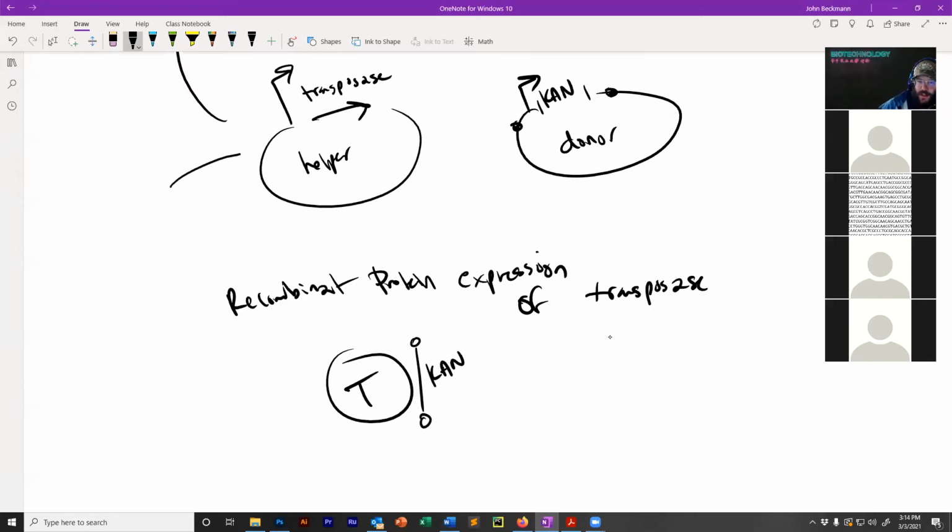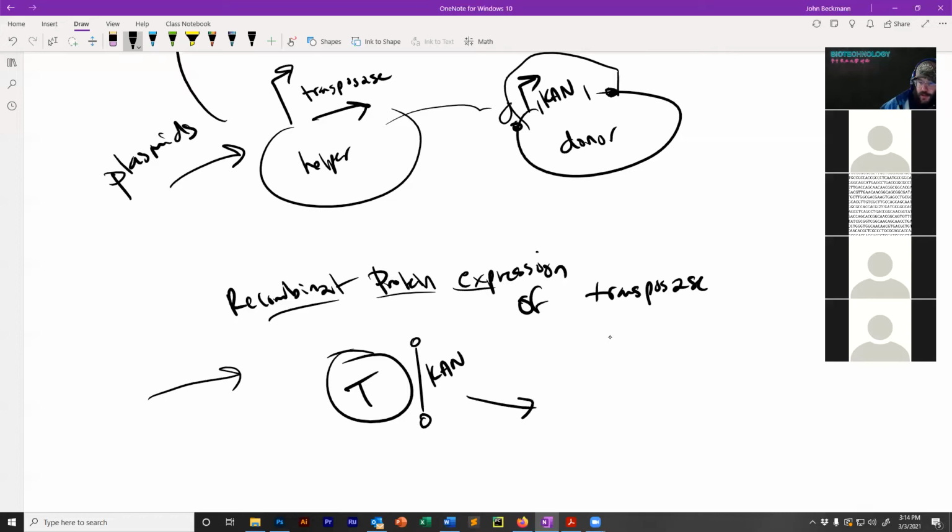marker. So in this case, you'd be sort of like injecting plasmids. You can sort of cut a step out, and you can, well, it would actually add a little bit more work, but you can do recombinant protein expression, purify the actual transposase protein, complex it with this part, and then you can microinject or transform this protein DNA complex.